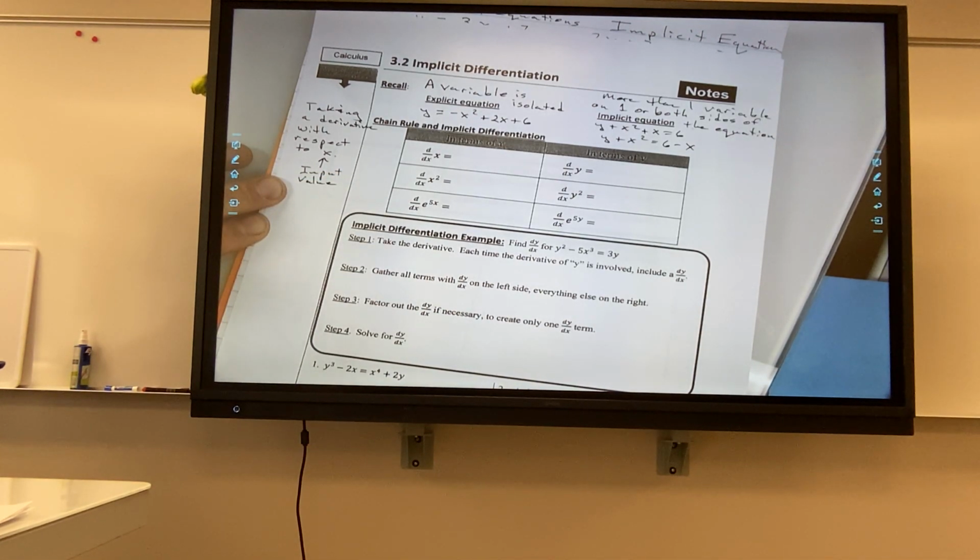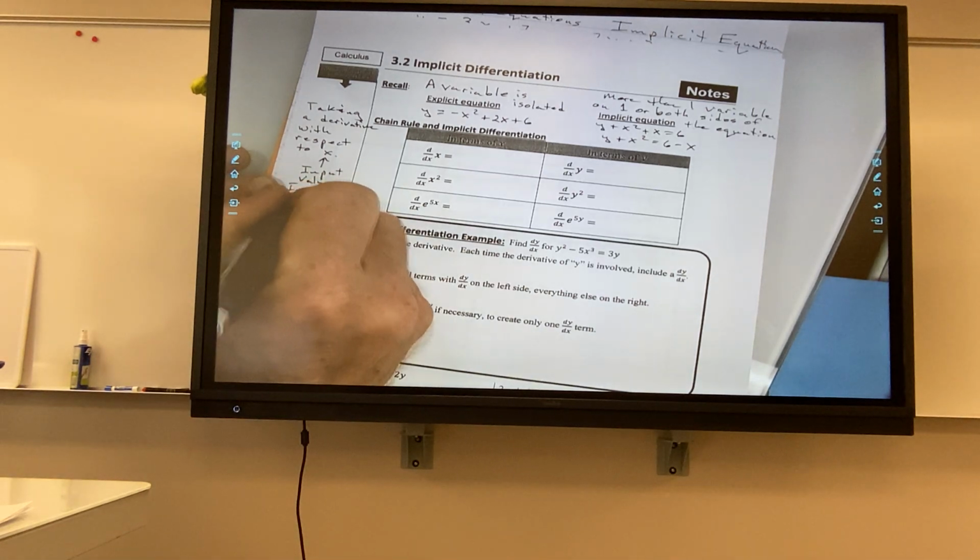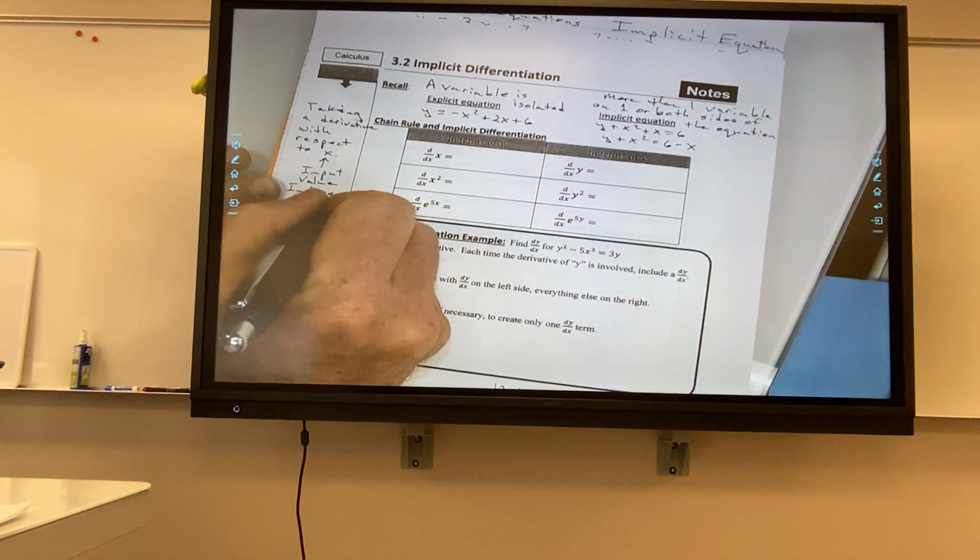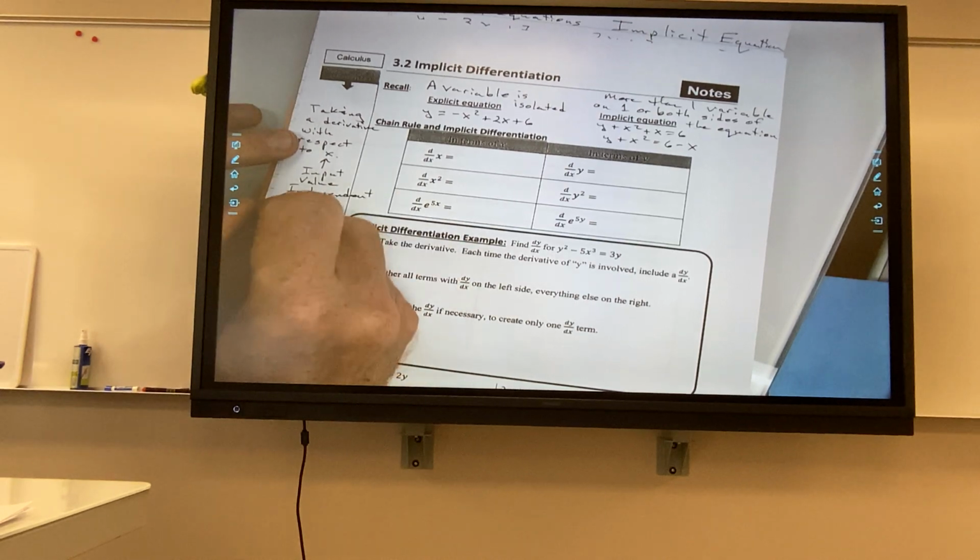In other words, we pick a value for x, we plug it in, we get a y, correct? It's our independent variable.